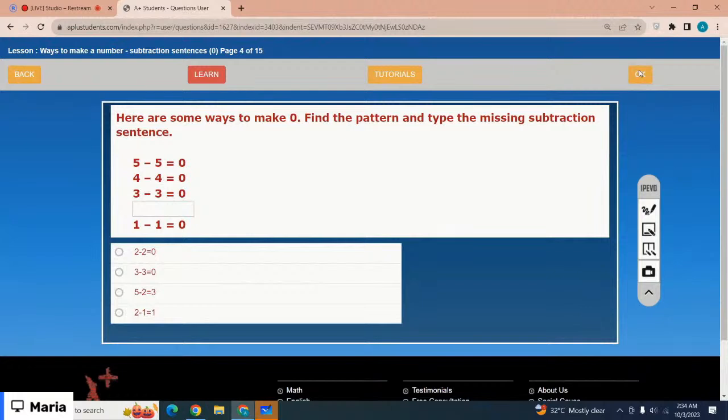The next one is, here are some ways to make 0. Find the pattern and type the missing subtraction sentence. So which is the correct option?